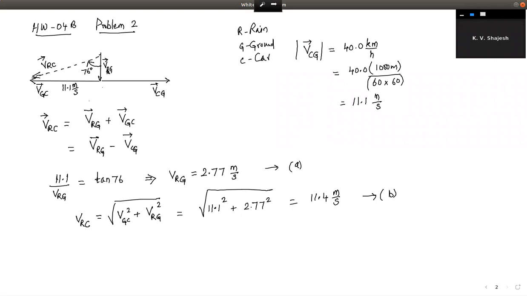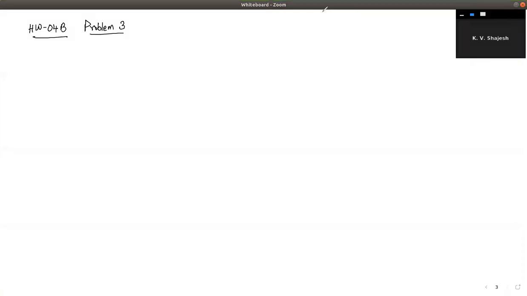Let me pause here. In problem 3 of homework 4, the discussion is about an aeroplane that is trying to go north, but it has to head in a certain direction so that it can compensate for the wind that is flowing north of west with a speed of 20 meters per second.